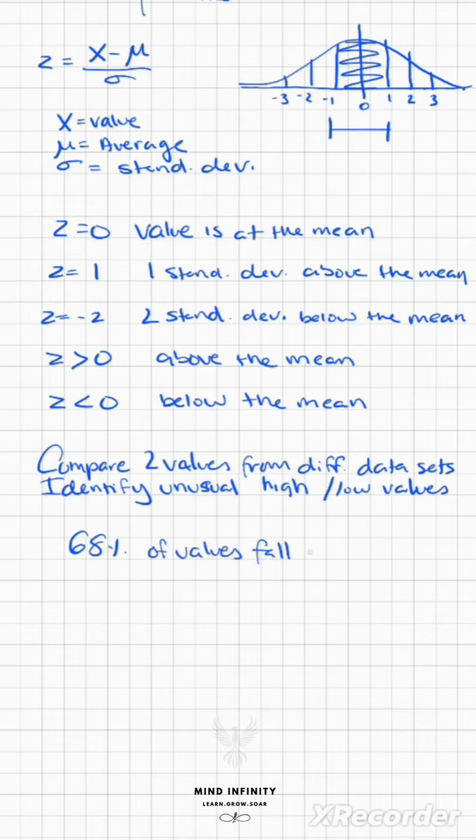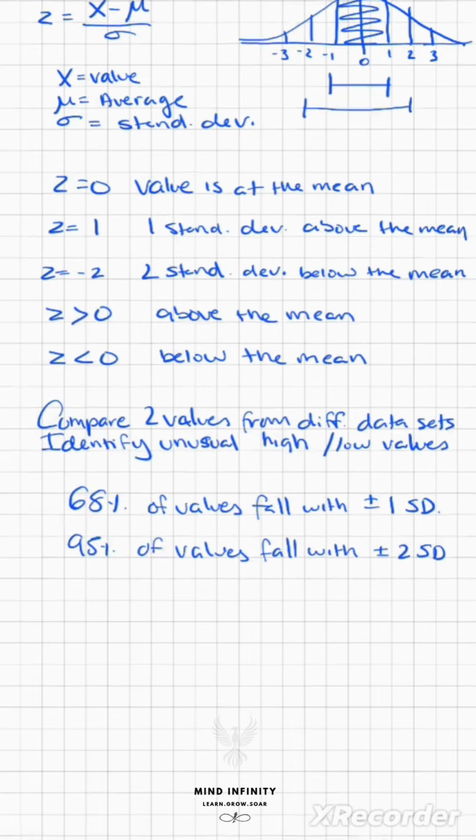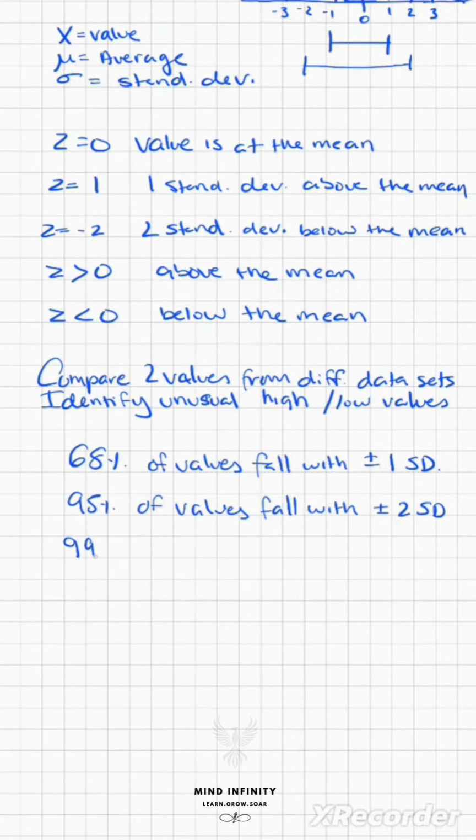They fall within plus or minus 1 standard deviation. And then between 2 and -2, so basically 95% of the values fall within plus or minus 2 standard deviations, and 99.7% of values fall within plus or minus 3 standard deviations.